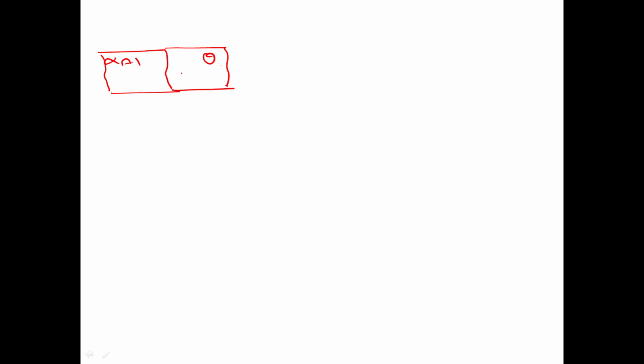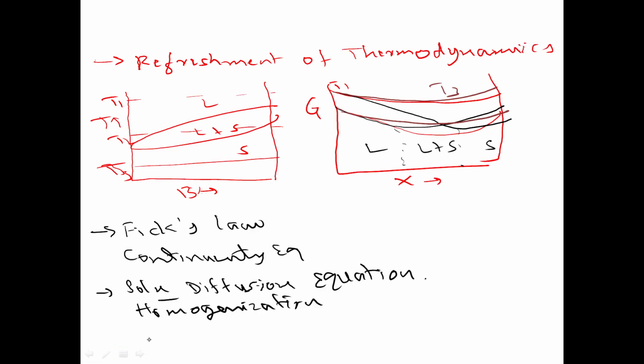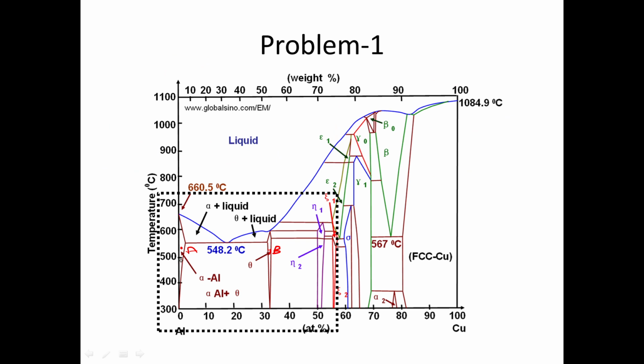First we will observe what type of phases can form after the diffusion annealing. So if you are doing a diffusion annealing, what diffusion annealing temperature should I give? Yeah, 500, that will be sufficient.